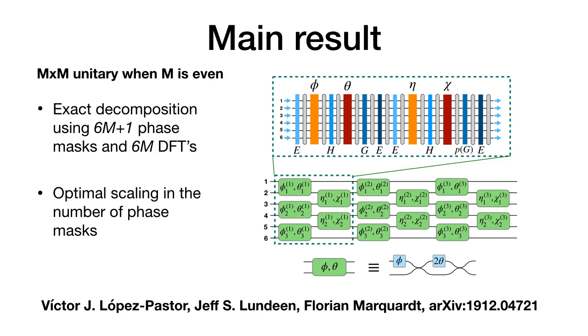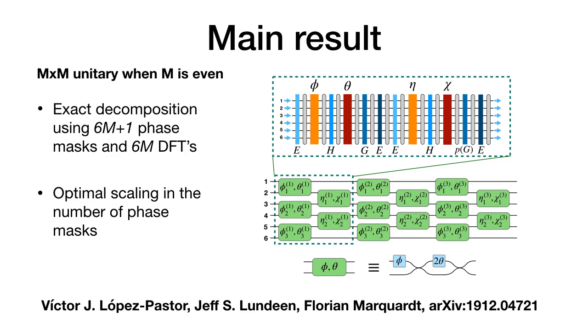We already know from the work of Clements et al. that any unitary transformation can be realized with a sequence of beam splitters. So we show that any two layers of beam splitters in the construction by Clements can be realized with 12 Fourier transforms and phase masks.